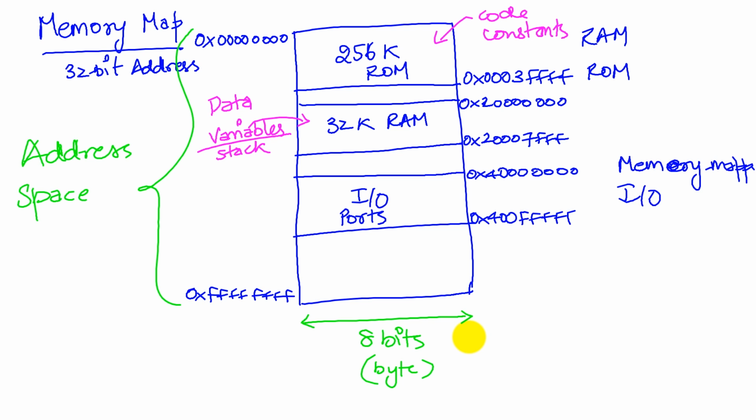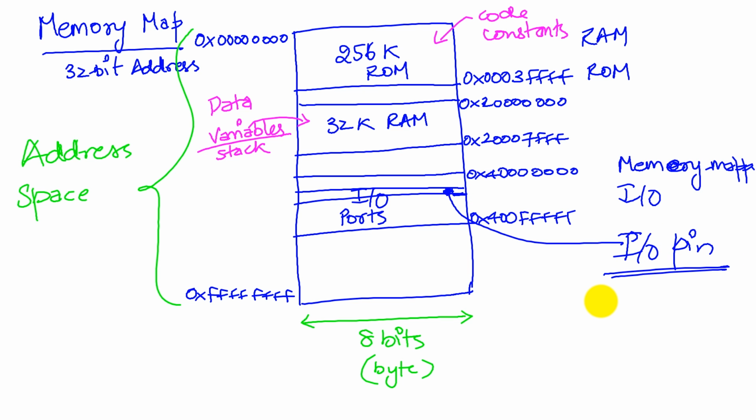The idea of memory mapped I/O is when we want to refer to a device, we simply read or write a particular location in memory. For example, if I were manipulating a particular port, I would go to this location in memory, and a particular bit here might refer to an I/O pin, and manipulating this bit is the equivalent of manipulating this I/O pin. So this is what memory mapped I/O gives us.